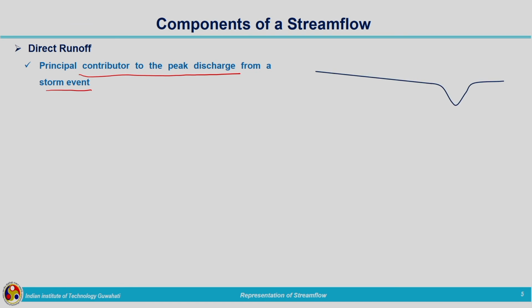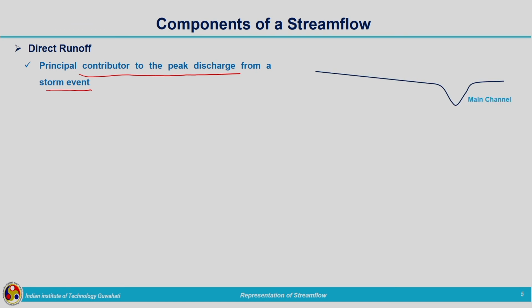After that, we will be having the overland flow, and it will be joining channels, and channel flow will start. Finally, it will be contributing to the outlet of the basin. So, the principal contributor to peak discharge from a storm event is the direct runoff.